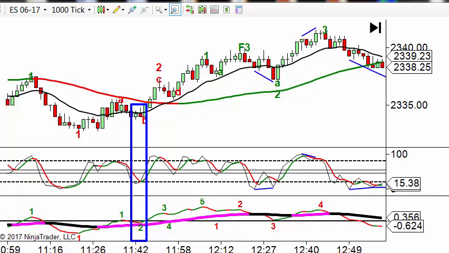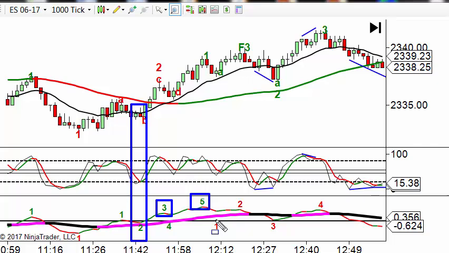Now here's the weird thing though. You get your average wave 3, get extended wave 5. So again, I've had people ask me, does that mean I should get out because, dang, momentum is already extended?